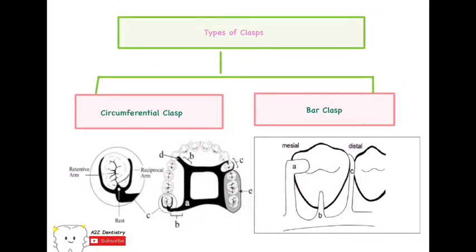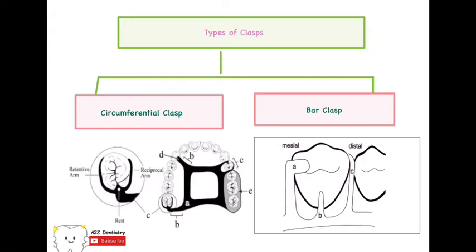So moving on towards the types of clasps, basically they can be classified into 2 broad categories. The first one is the circumferential clasp and the other one is the bar clasp. I have put 2 pictures here. Basically the circumferential clasp is a type of clasp which encircles the tooth. Actually it is more of 180 degrees, but you can just remember it like that, as the name itself is circumferential, meaning it will circumscribe the tooth, kind of hugging our tooth, right?